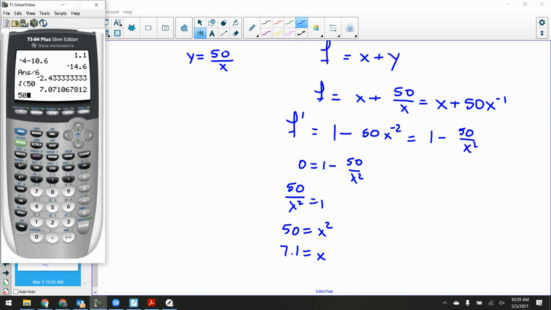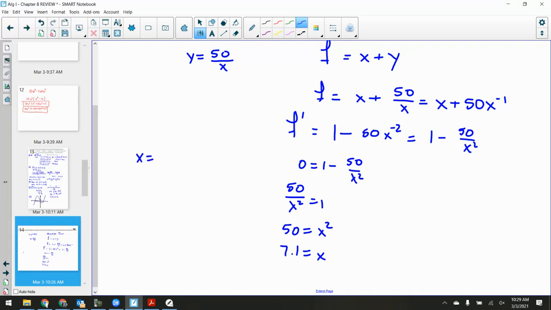It should be the same thing because it's the square root, but 50 divided by 7.1 is going to be 7.0, whatever. They should both be 7. I would be a little bit lenient there. x and y are both 7.1. If you said 7.1 and 7.0, that's fine too. Unrounded, they would be the exact same thing.